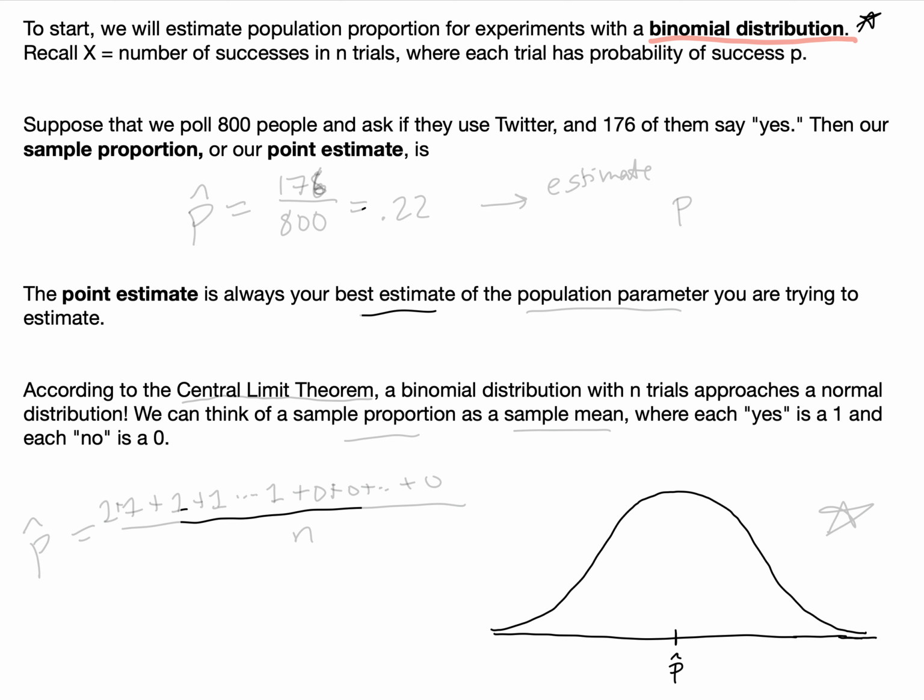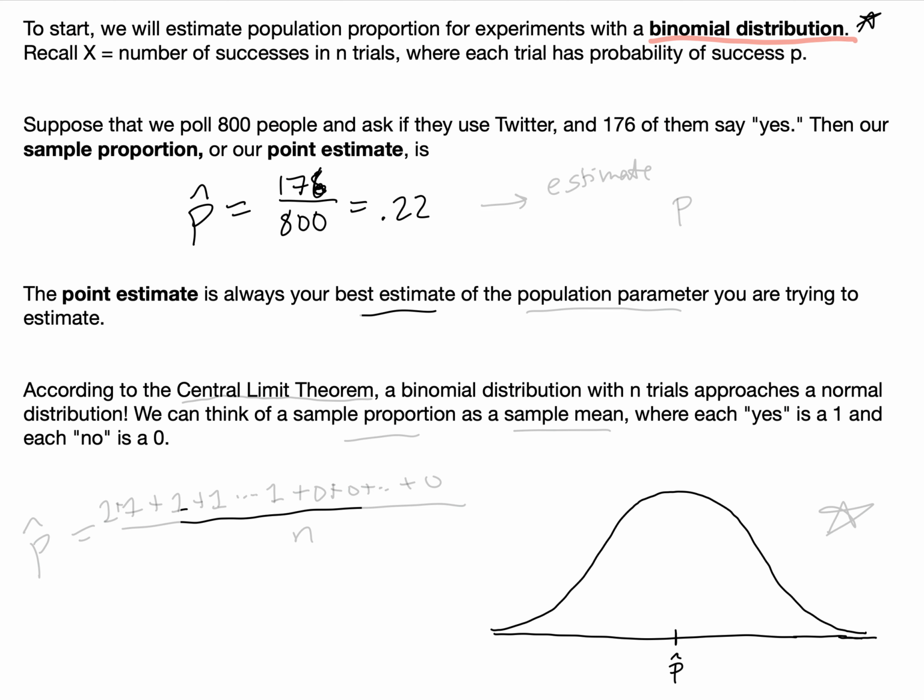Then our sample proportion is p hat equals 176 yeses over 800 people polled. That 176 over 800 turns out to be the decimal value 0.22. That p hat is our sample proportion. More generally, it's called the point estimate.